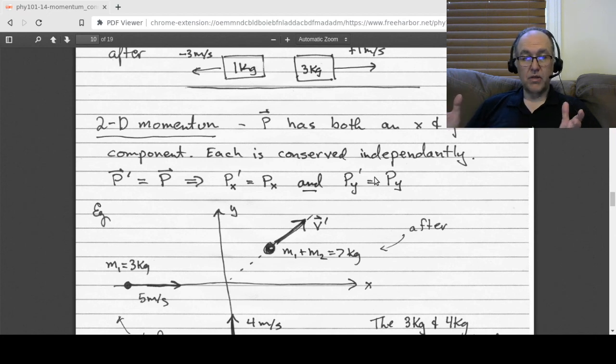With the x components of the velocity, we'll calculate the x component of the momentum, and with the y components, the y component of the momentum. Then we'll insist that the x component before and after the collision must be equal, and independently, that the y component of the momentum before and after must be the same. That's how we'll solve the problems.